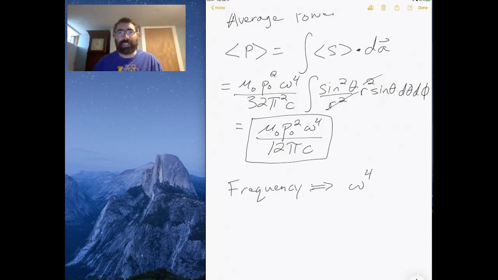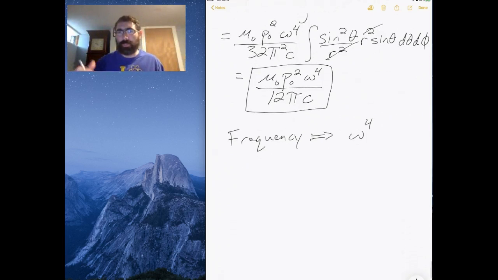Which, you know, I guess then you can make the blanket statement that our atmosphere is made of dipoles. The atmosphere is predominantly nitrogen and oxygen.